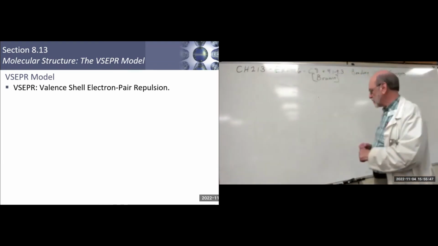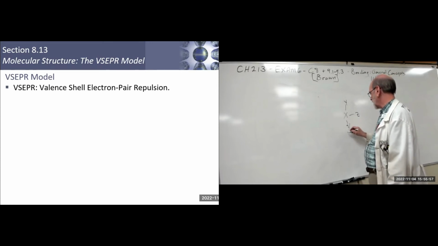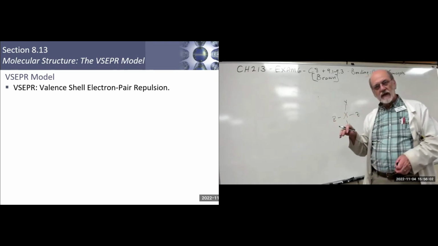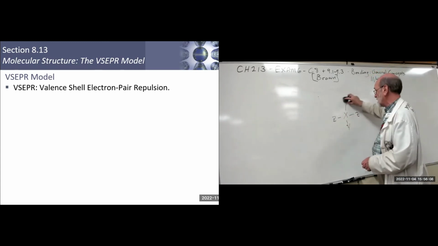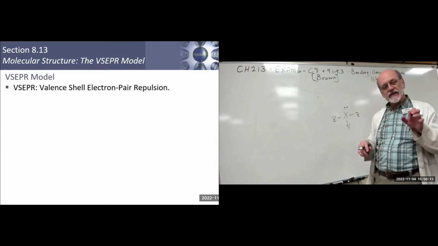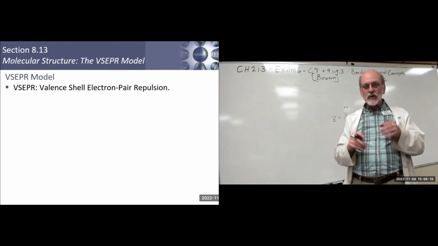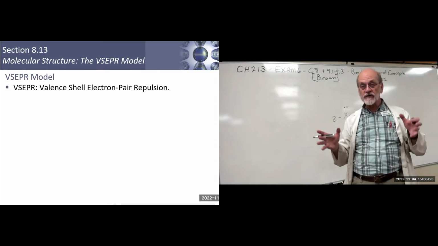When you have a central atom and you have various X, Y, Z, maybe there's another Y here and maybe another Z over here, and it could be another lone pair like this, when you position them around that central atom, because they're all negative, they move to repel each other to a position where the repulsive forces are minimized.